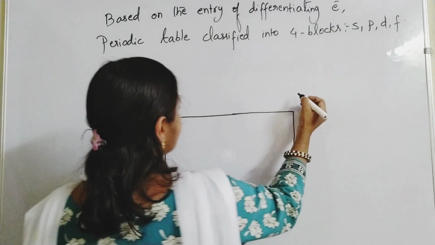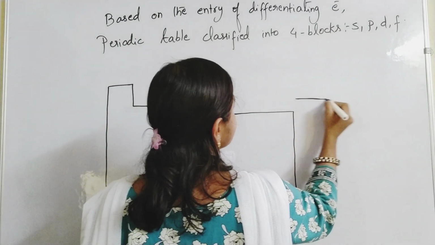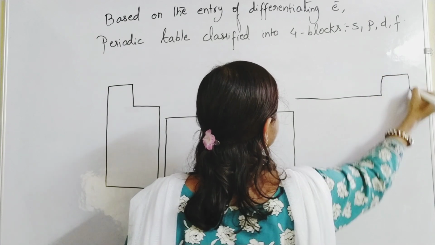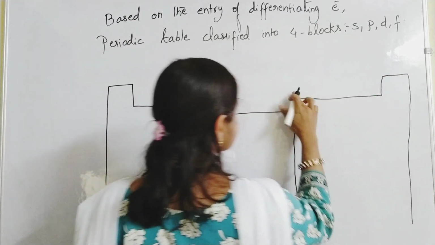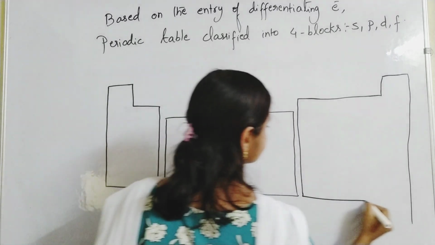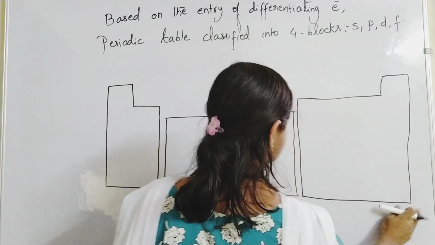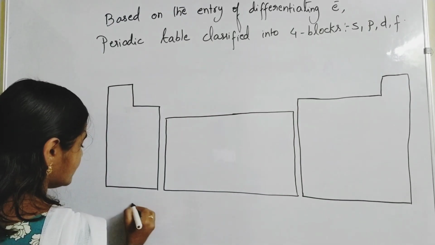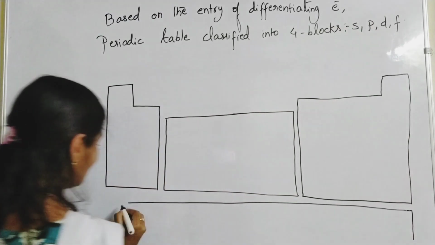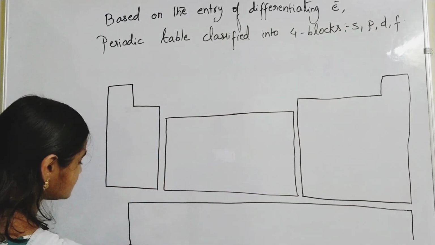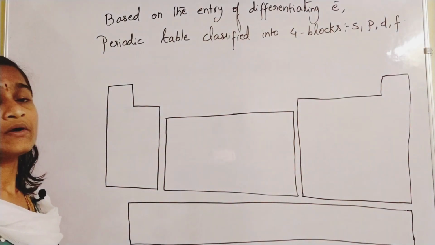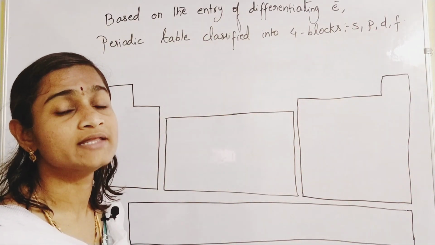Here also you will find another block, and down below also you will find one block of elements. So like this you have 4 blocks.